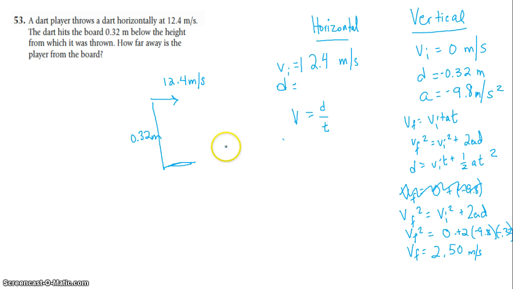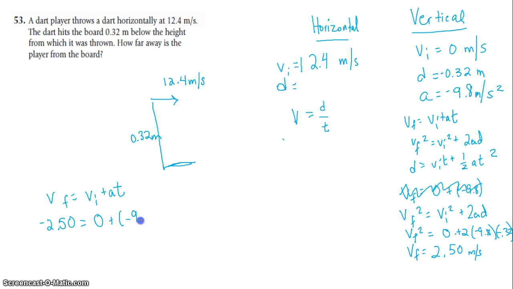That means that I can now use VF equals VI plus AT and get my time. So we know it's going to be negative 2.50 because it's going downward. The initial was 0.